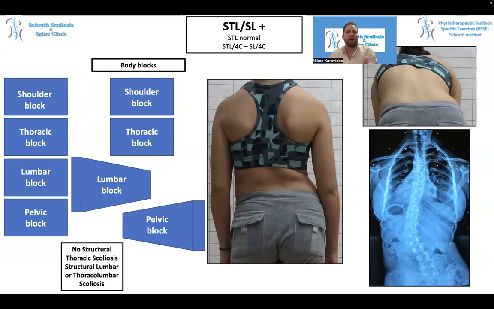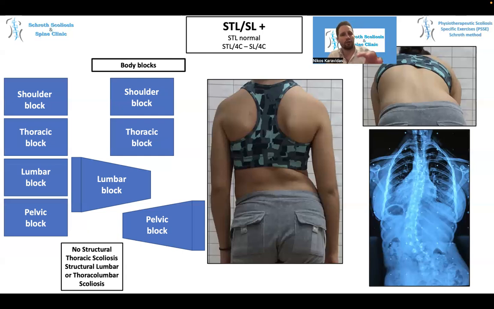So I can tell you that for these types, STL or SL, there is also another possibility to have STL or SL minus, but this is mainly related to adult degenerative scoliosis.